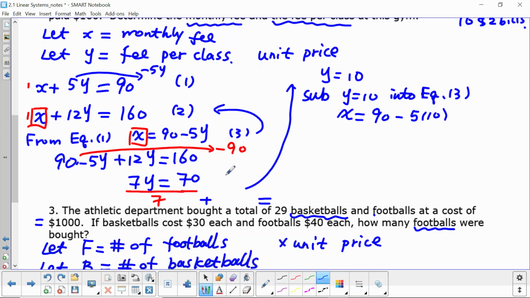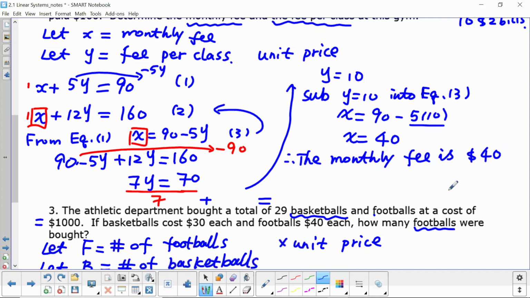Do the multiplication first, that is 50, so it's 90 minus 50, which gives you 40. Then write the statement: therefore, the monthly fee, x is the monthly fee, it's $40. The fee per class is $10.